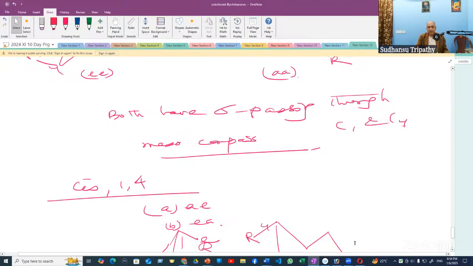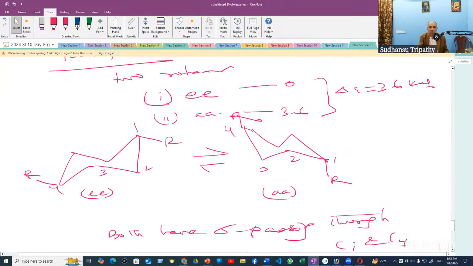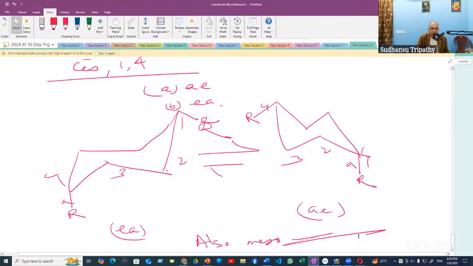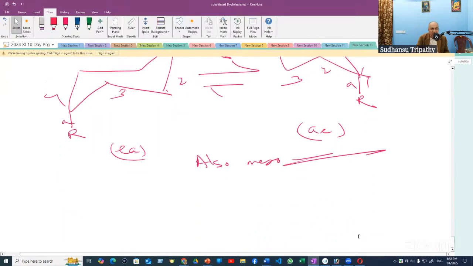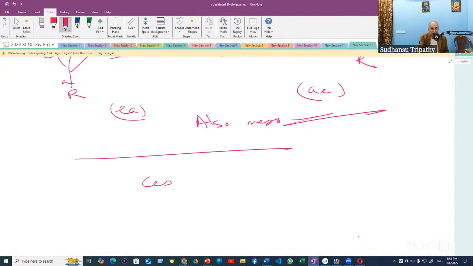And the two are equally stable, no interaction. Interaction energy is 0 because both are. And forget about the di-equatorial, which is 3.6. So the most stable form of trans and the equally stable form of cis, they are different. Cis is less stable than trans. By how much?